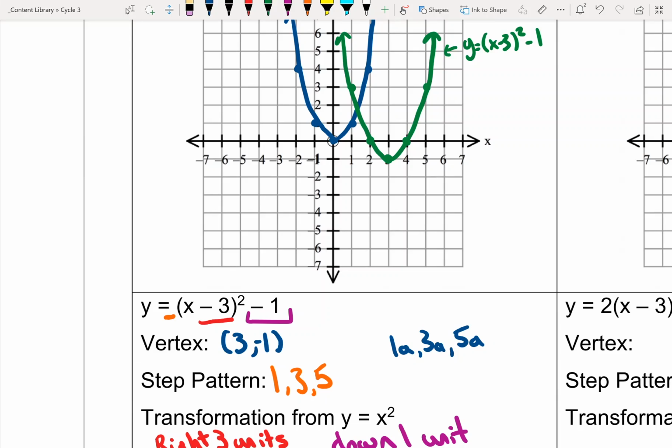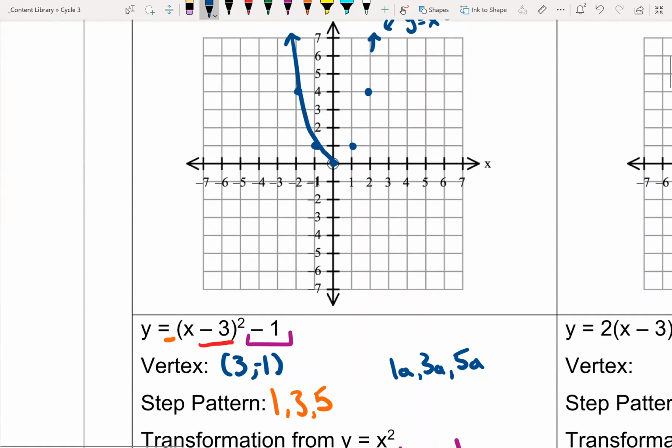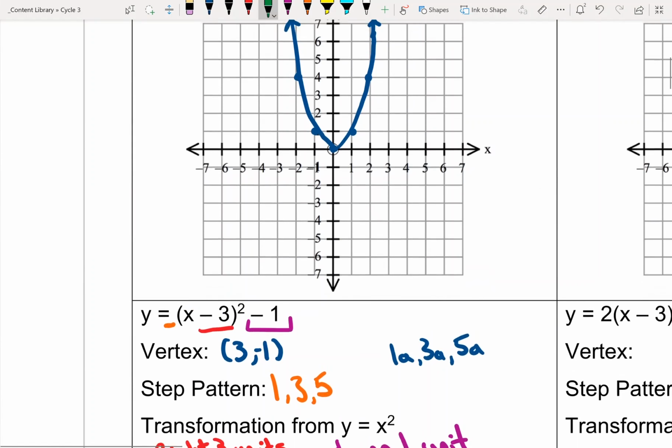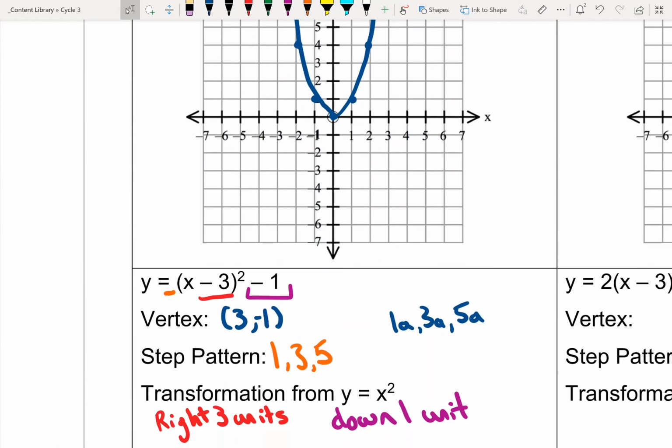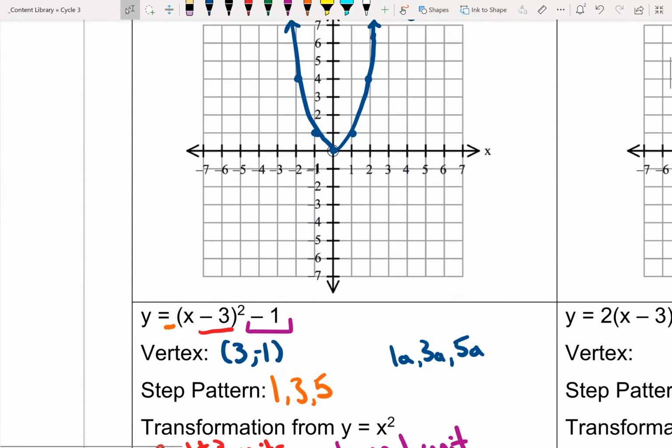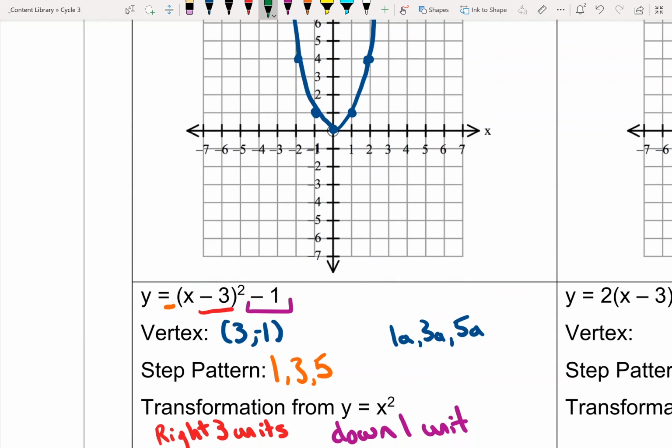That's my transformed function, y equals x minus 3 squared minus 1. I'm going to erase this and show you how you can do it the other way and still get the same answer. I know my transformation is right 3 units and down 1 unit. I have some key points already identified, these dots here, and I'm going to use these to apply the transformation. I'm going to start at my vertex, which has to be moved 3 units to the right and 1 unit down.